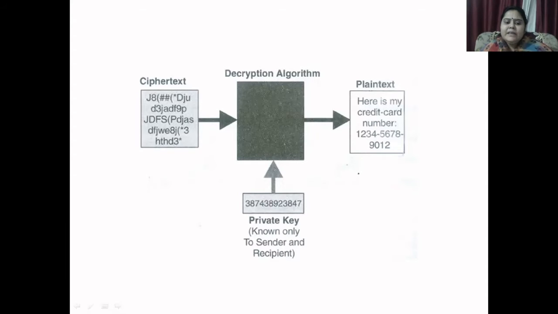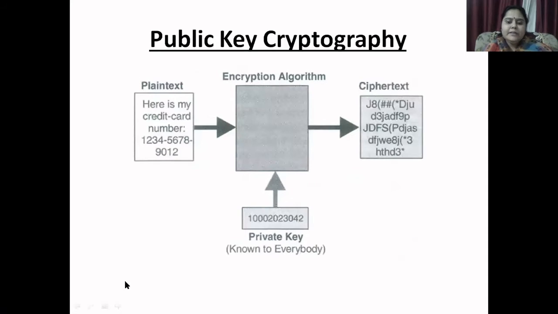Now, private key methods are efficient and difficult to break. However, one major drawback is that the key must be exchanged between the sender and the recipient beforehand, raising the issue of how to protect the secrecy of the key.